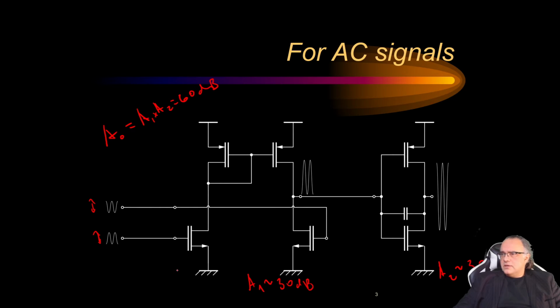So this is the goal. Here you see that the first amplification is this, and then we have further amplification. Now 60 dB is quite a lot of gain, because this is 1000 times gain of the signal.